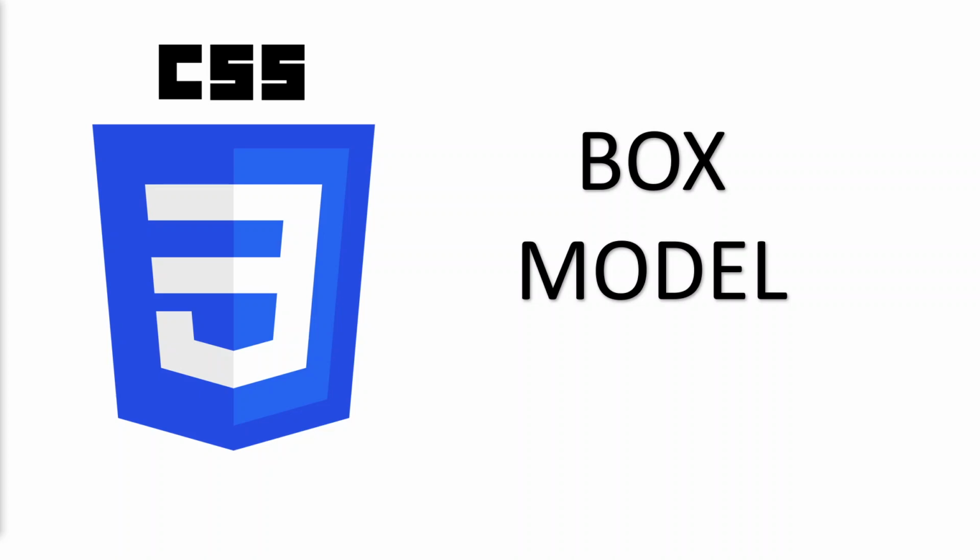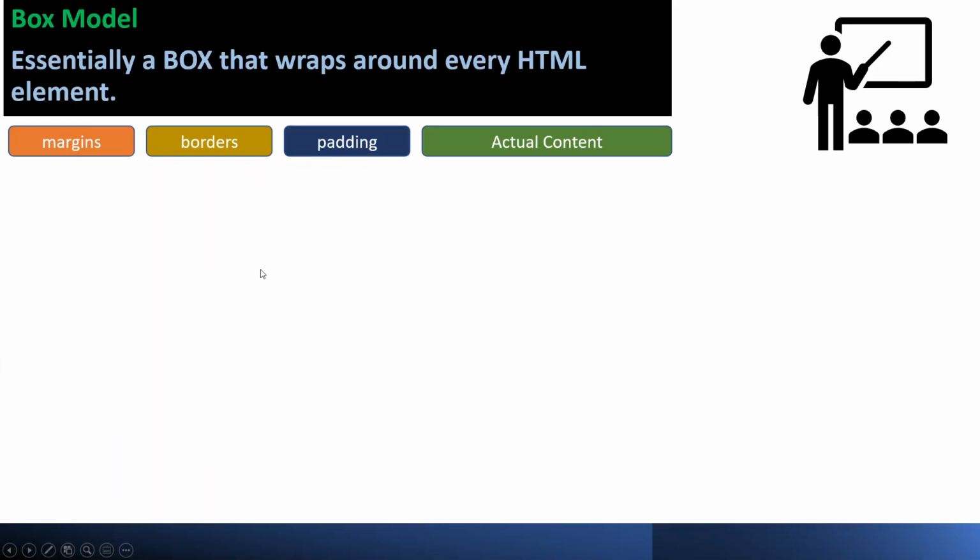Welcome to this lesson. In this lesson, we are going to be talking about the CSS Box Model. So, what is the box model? The box model is essentially a box that wraps around every HTML element, right?